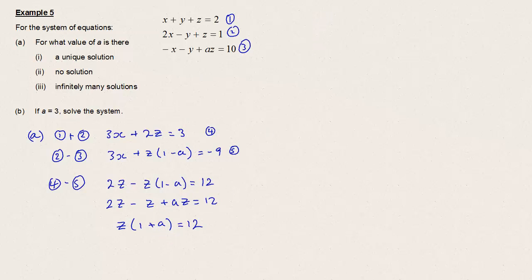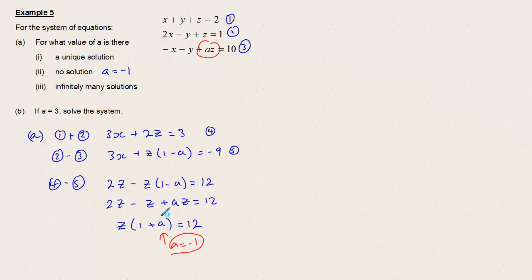Now clearly here, if we were to take a equal to -1, we would have z times 0 equals 12, and you can't have a solution. So it's just like I said up here with the parallel plane, that if a is equal to -1, we can't have a solution.